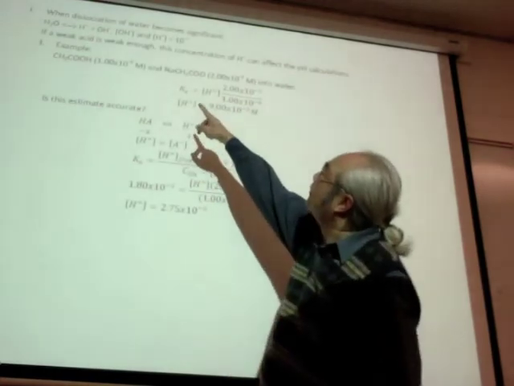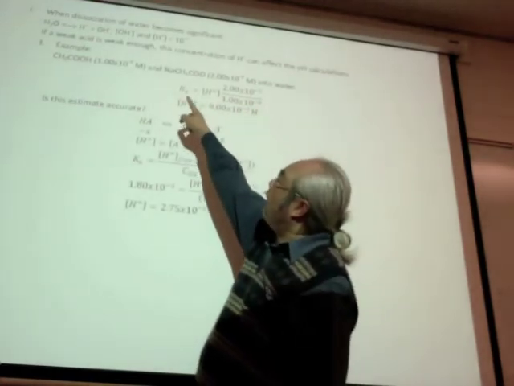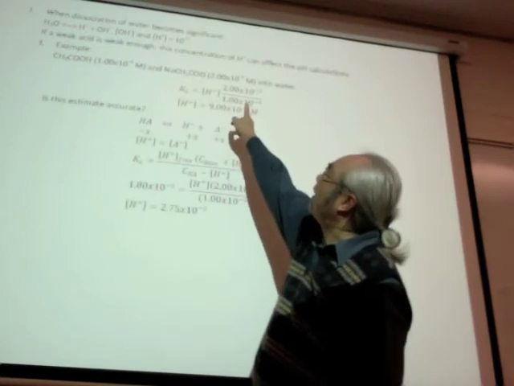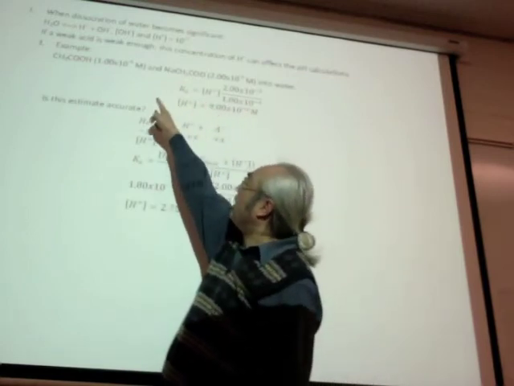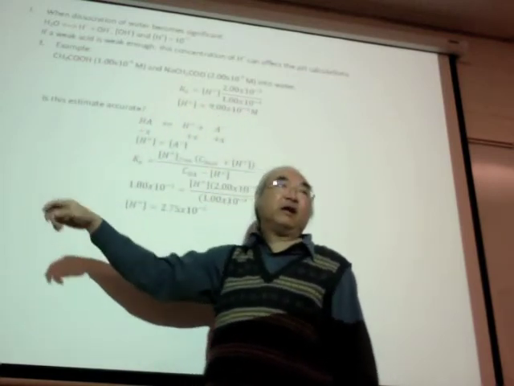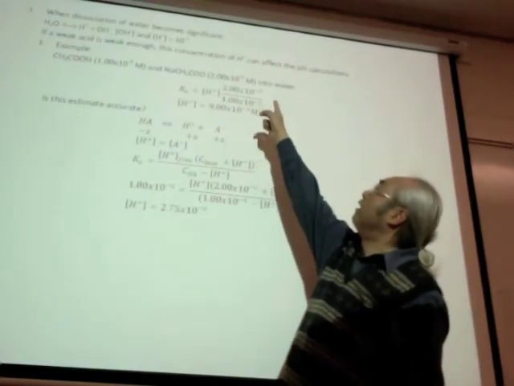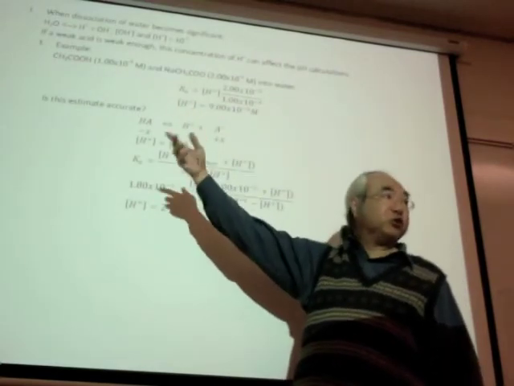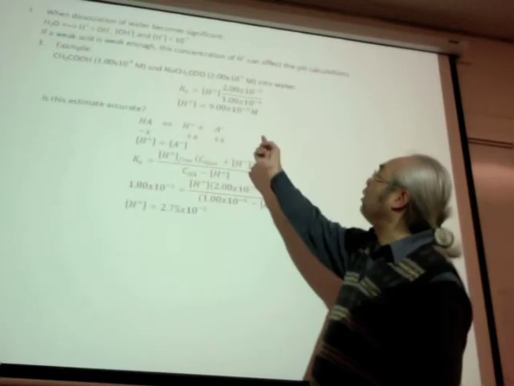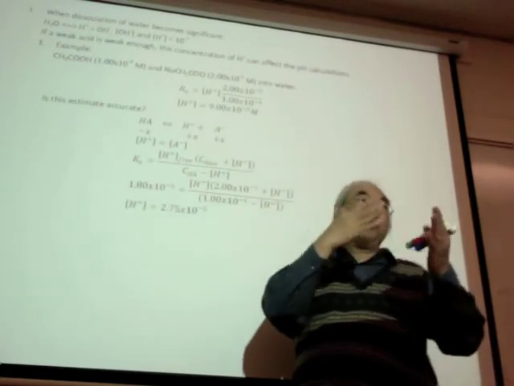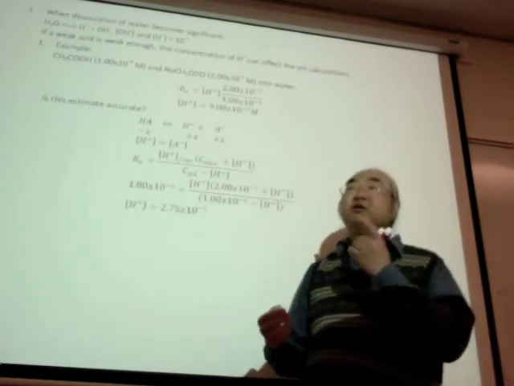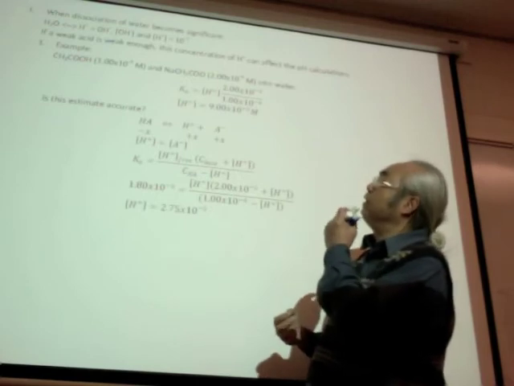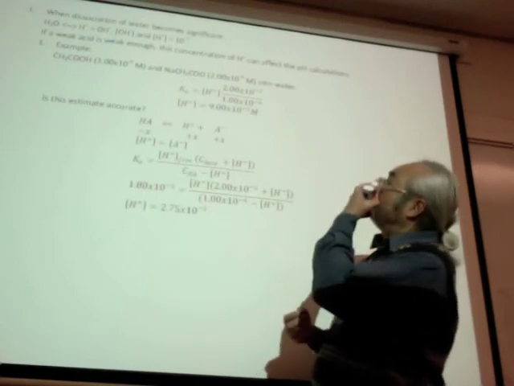Now, if a weak acid is weak and has a low concentration, then the water proton could contribute. But that contribution is a comparison of magnitude. So you will need to see whether water will contribute or not.